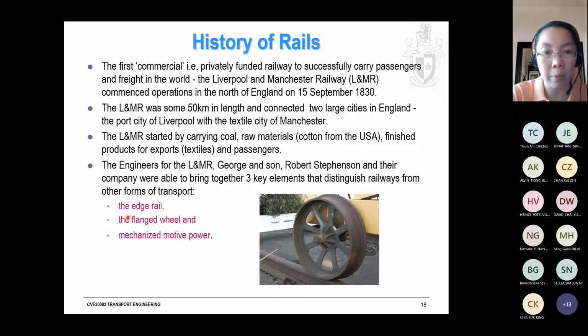Okay, so the three elements that we still use until today: the edge rail, and the flange wheel. Sorry, this is the flange wheel. And then the edge rail and the mechanized motive power, right, so the power that it uses. All right, so these three elements are still in use until today.